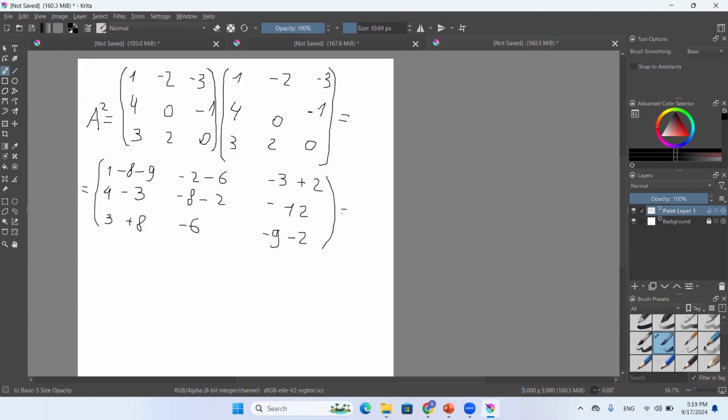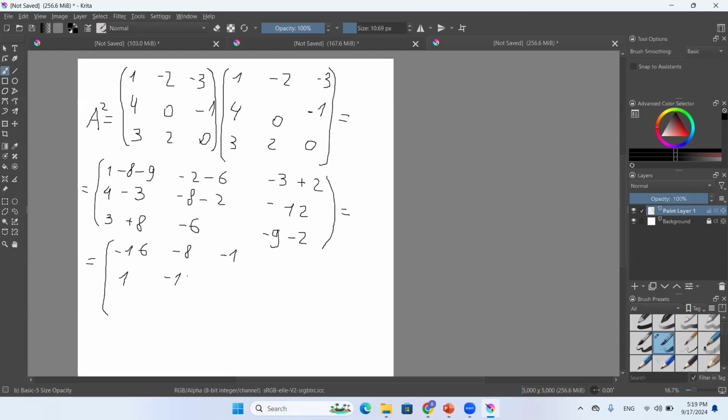And now we will calculate it completely. So here is -16, -8, -1, 1, -10.